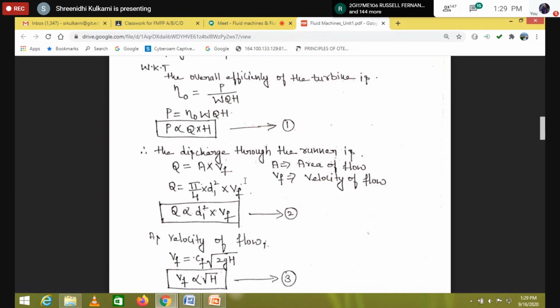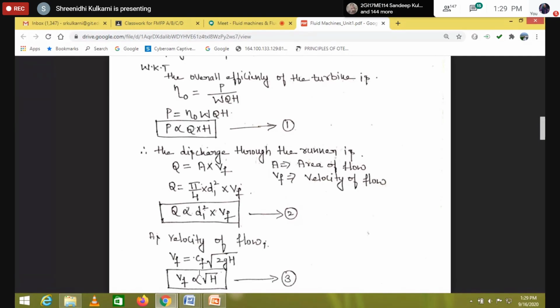If it were a constant, then I could omit this one. Here it is not a constant. The diameter is varying, and even the flow velocity is varying. So that's why I can write Q is directly proportional to the diameter of the rotor and the flow velocity of that rotor or runner.